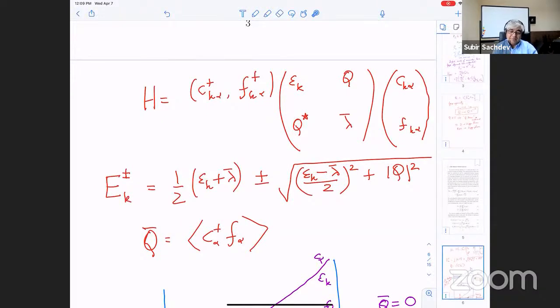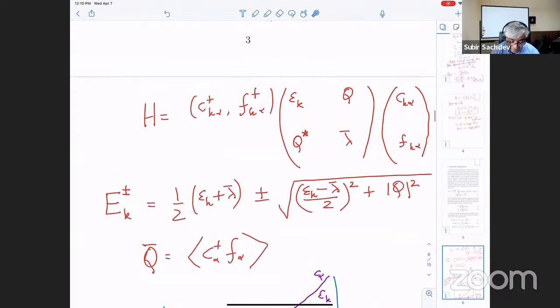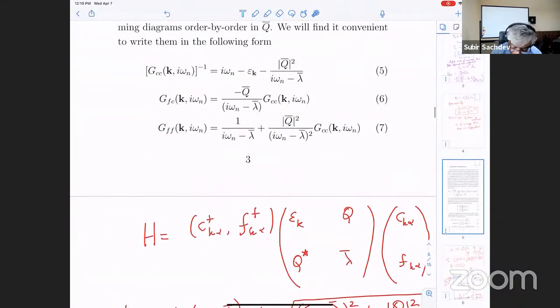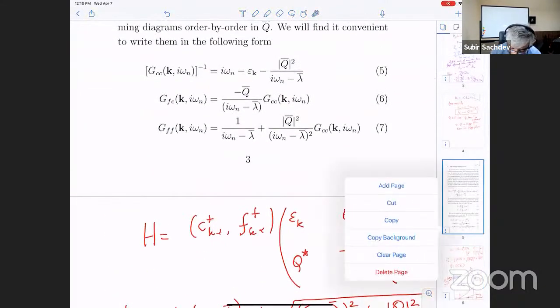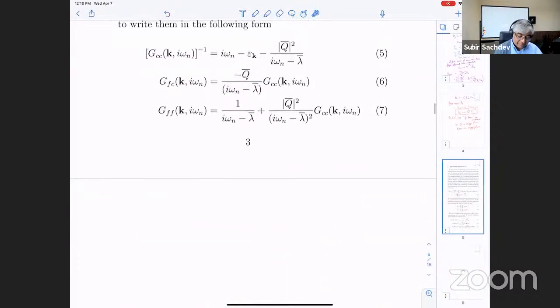We had the new operators, the Bogoliubov operators, and then you wrote everything in terms of them. You could do exactly that here. The only difference is you're mixing C and F rather than mixing C and C dagger. That just changes a few signs here and there, but everything's the same. But I'm not going to do that. I'm just going to use pictures because in this case that's even easier.